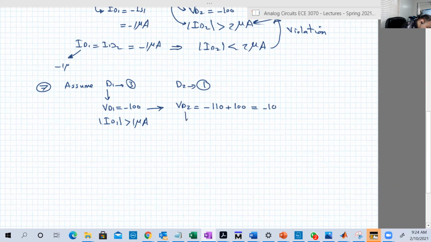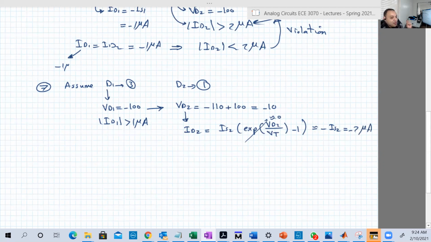Since we get VD2, we can determine ID2. So ID2 is equal to IS2 times exponential of VD2 over VT minus 1. Do that, you will find that the exponential is approximately equal to 0. So this will give you minus IS2, minus 2 microamperes.